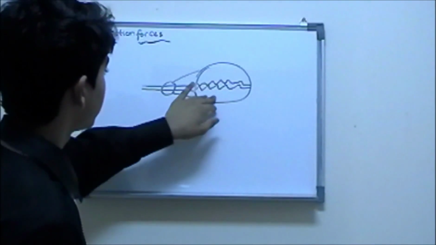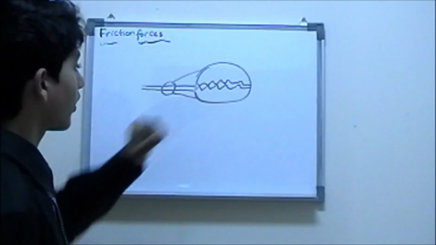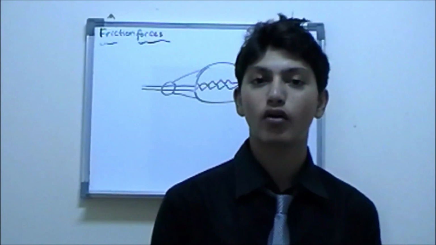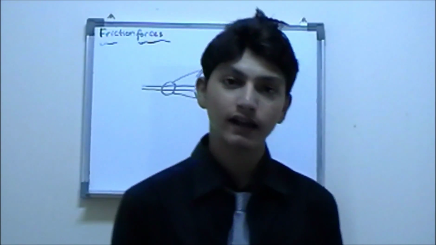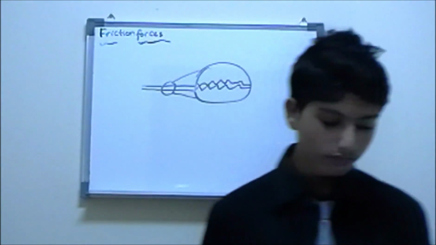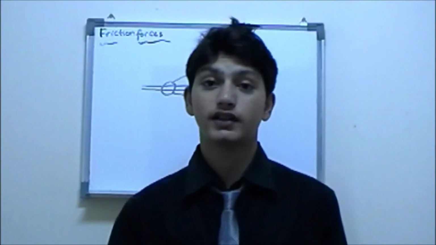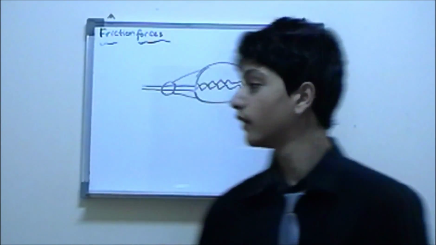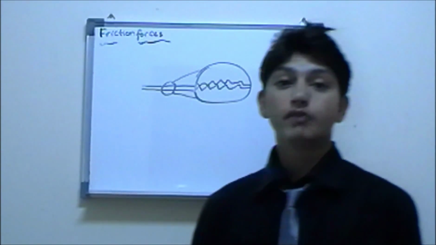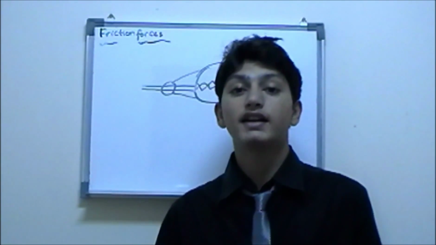So this is basically what causes friction in the world, and that is the reason that when you drive a car or your bike or your dirt bike, it doesn't go on forever. If it did, we wouldn't have to use petrol. Well, just a little bit of petrol and then you could go on forever and never stop. That's pointless. So if you have friction, that is why your car or bike stops.